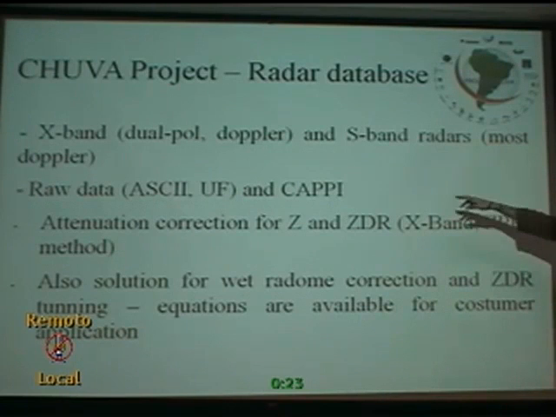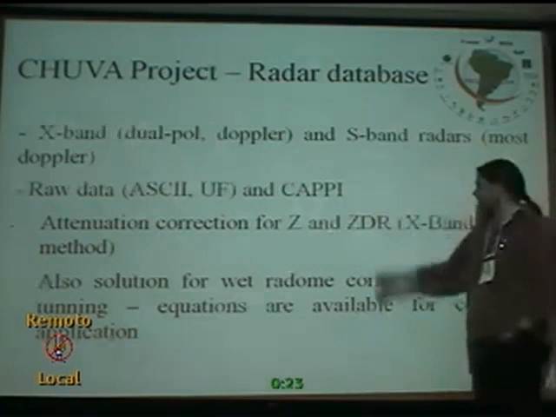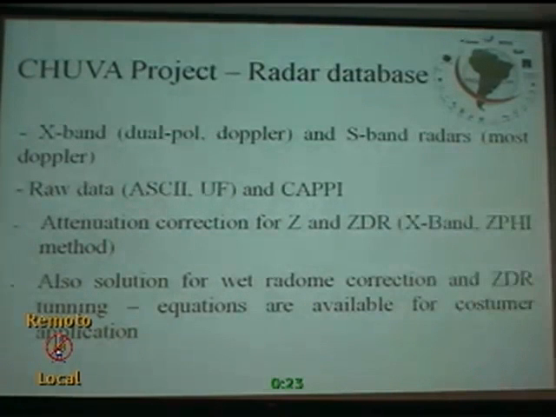And we have a copy for the S-band and the X-band radars. It's a binary format. You can read it with GrADS or write your own code. So very simple. All the data has a README and some codes to read it.